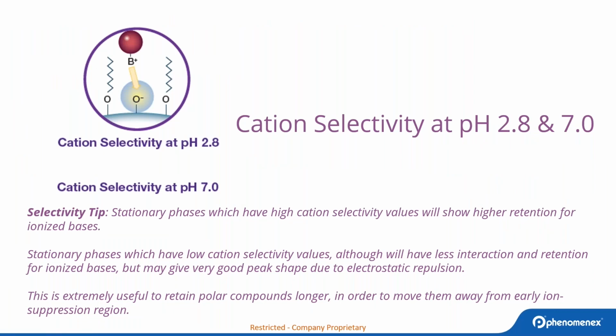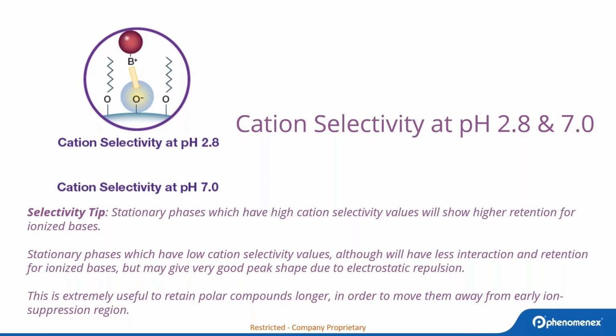Finally, we're going to look at cation selectivity at two different pHs, 2.8 and 7.0, right? Stationary phases which have a high cationic selectivity value will show higher retention for ionized bases. Now note that that's not neutral phases necessarily, but ionized phases.